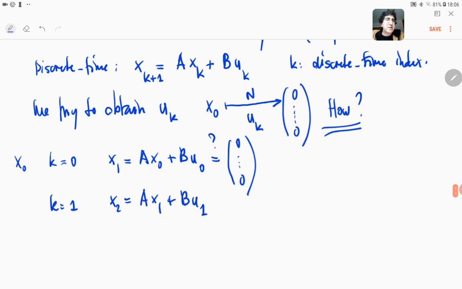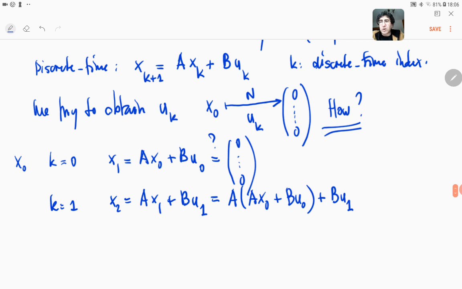So you have another input now. You have u0 and u1, two different values of input. Now let's expand this because we know what x1 is. x1 is A times x0 plus B times u0, and plus B times u1.